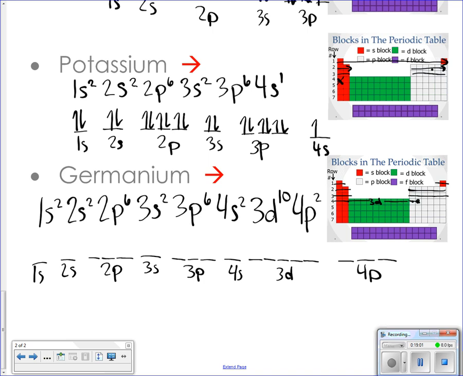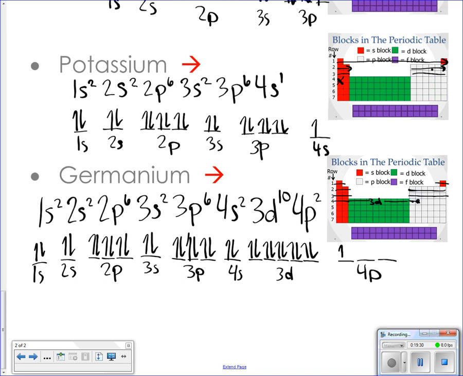So for this orbital diagram, we would have 2 electrons in 1s, 2 in 2s, 6 in 2p. We have 2 electrons in 3s. We have 6 electrons in 3p. We have 2 electrons in 4s. We have 10 electrons in 3d. And then we have 2 electrons in 4p.